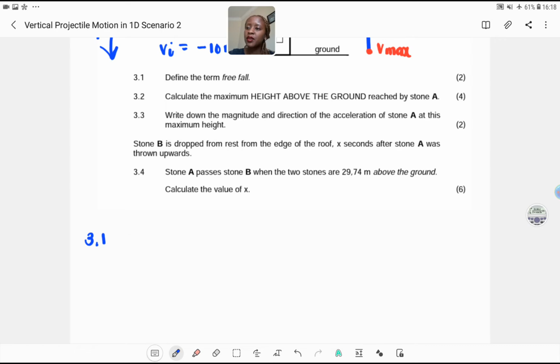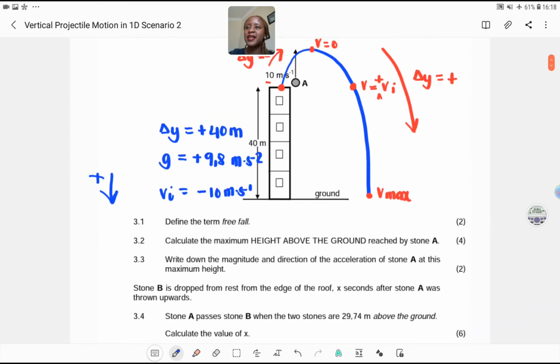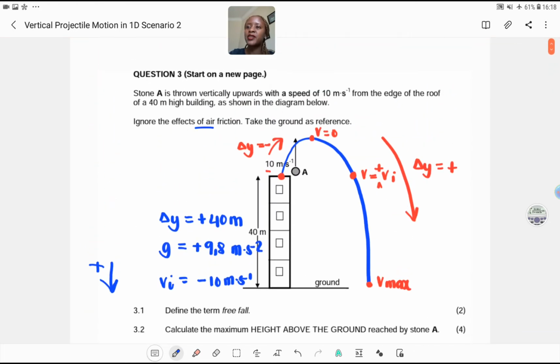If we have free fall, the object, in this case the stone, is free from any kind of disturbance as it falls, hence free. That's the first point.